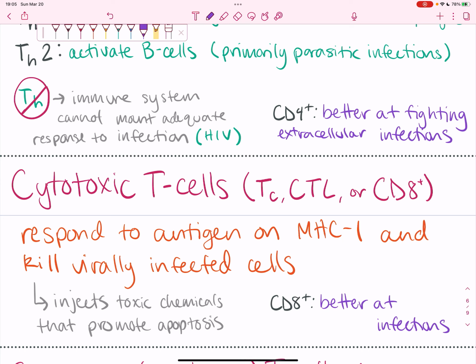Better at targeting intracellular infections.